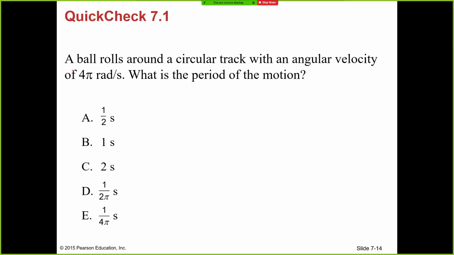Okay, so let's look at how to use the formula. A ball rolls around a circular track with an angular velocity of 4 pi radian per second. So you have a ball revolving around some fixed axis, and its angular velocity is 4 pi radian per second. So what's the period?